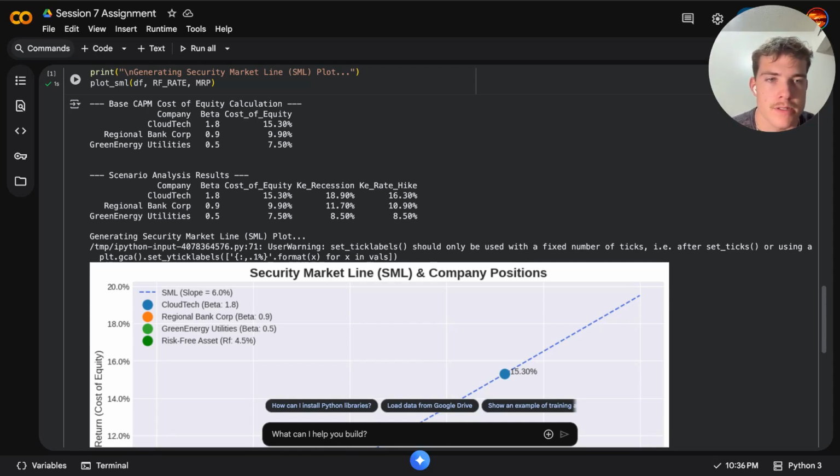So we're able to see here just how the numbers are showing each different company, and with the market increasing and the rates going up, how the beta is affected with the CAPM and the cost of equity.